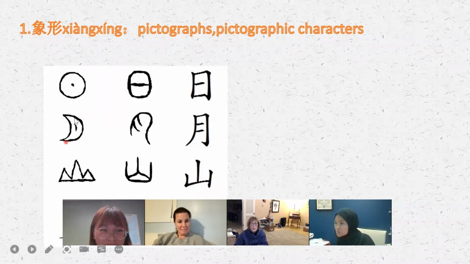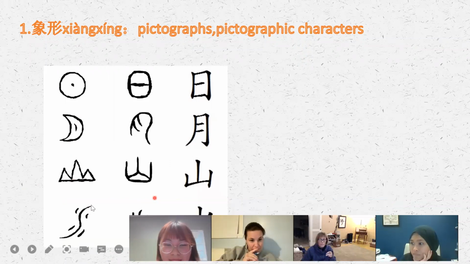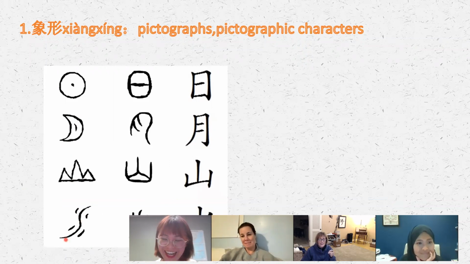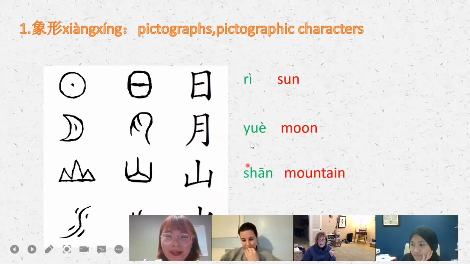What's this? Moon, right, and it gradually becomes 月. And this? Mountain, yes. And this one is river. What's in the river? Water, yes.